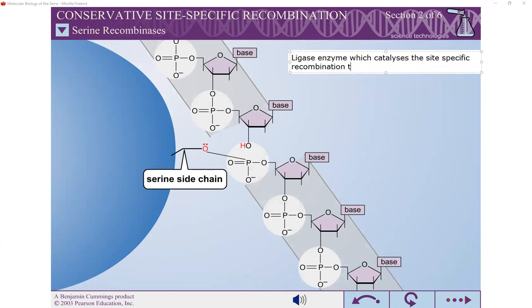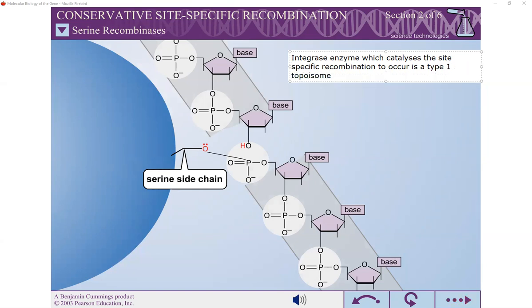Oh, sorry, it is not ligase. The topoisomerase enzyme, that is integrase. The integrase enzyme which catalyzes the site-specific recombination is a type 1 topoisomerase.